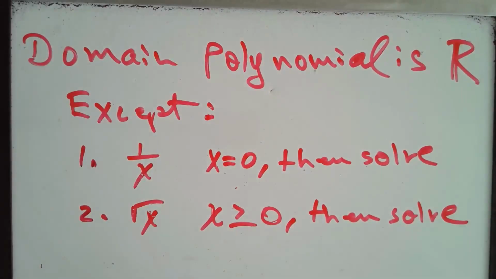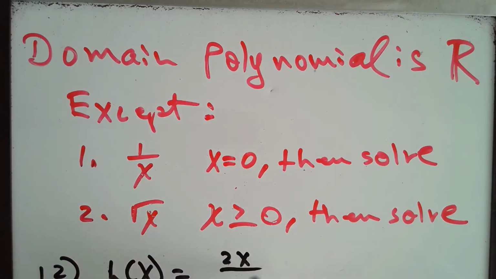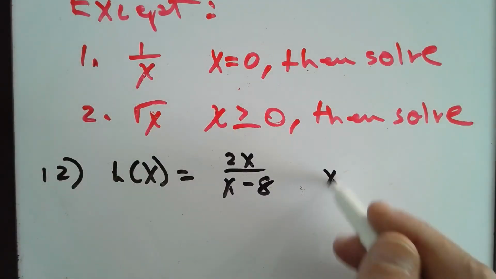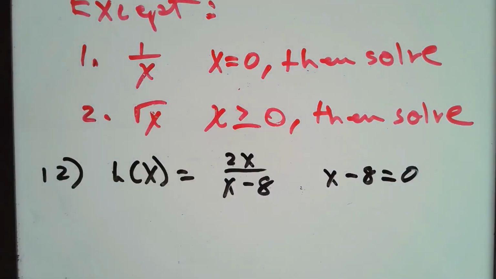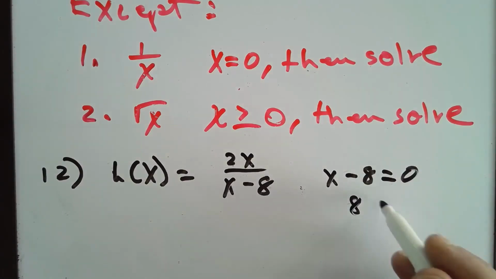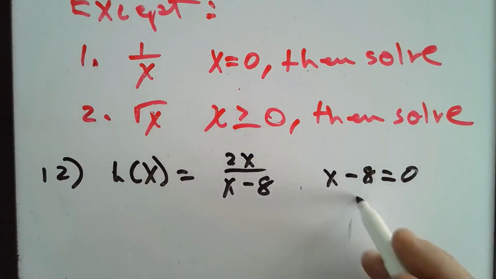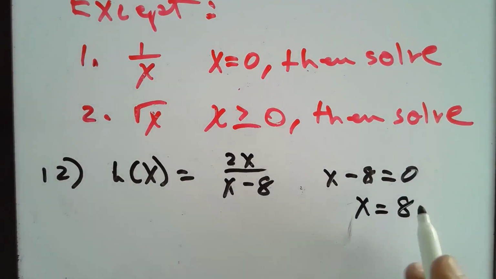With h of x, this is number 12, h of x equals 2x over x minus 8. We take our denominator, x minus 8, set it equal to 0, and we get x equals 8.